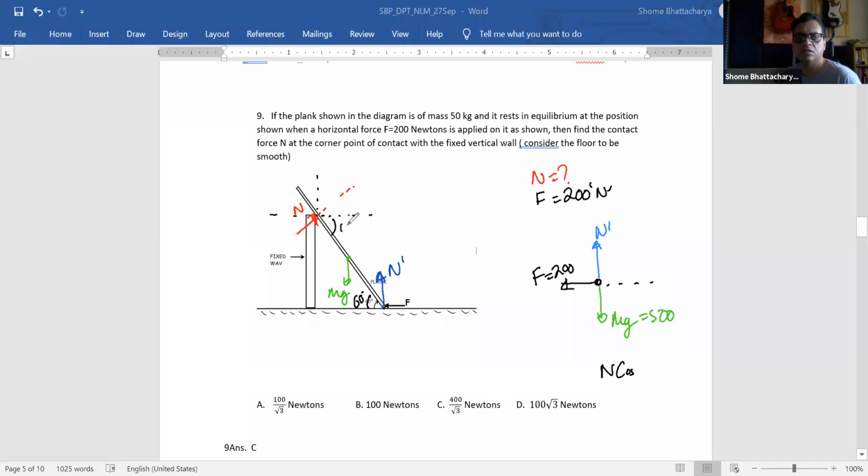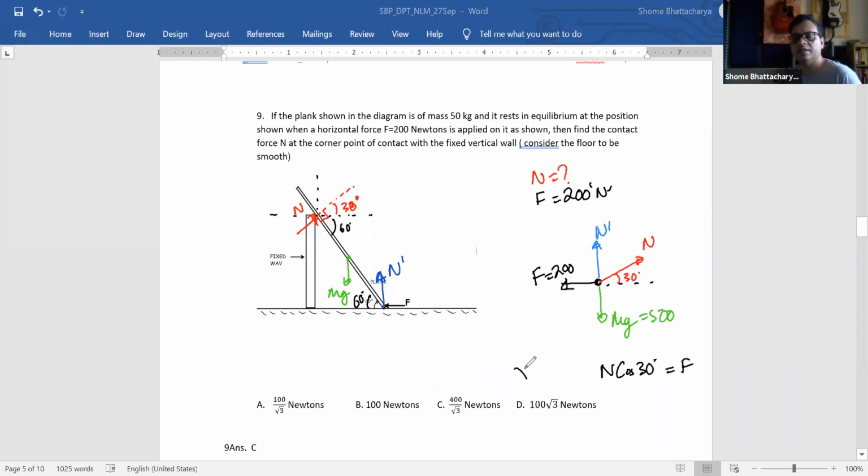So this angle is 60. Back here you can see that this angle is 30 degrees, no? Because this is the normal to it, so this should be 90. So here this normal reaction is acting at 30 degrees to the horizontal.